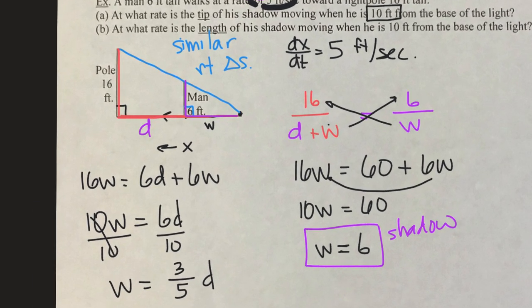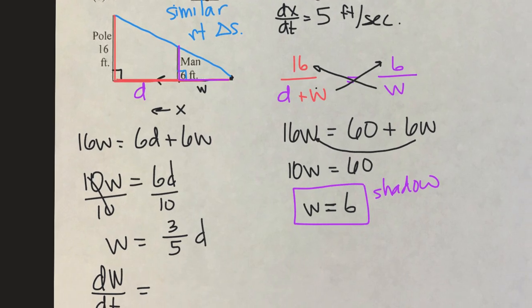So now we have to take a derivative, right? We want to find the rate of change of W, the rate at which the shadow is changing. What's W prime? dW/dt equals 3/5 of dD/dt. I guess it wasn't a very good idea to use D as my variable, huh?